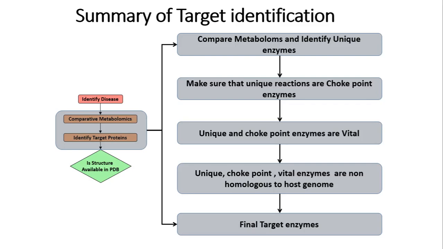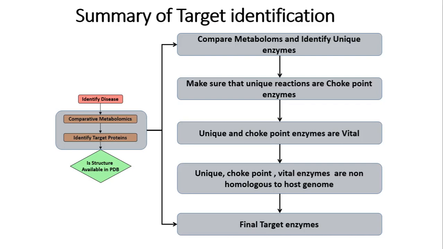Rahanuma is an online tool wherein you need to identify the two organisms, for example human and pathogen, and this software would then compare their metabolic pathways and let you know that okay, of the two compared metabolomes, we have got say 100 to 250 or whatever reactions that are uniquely present in the pathogen that are not present in human. So you can use this tool for comparing the two metabolomes.